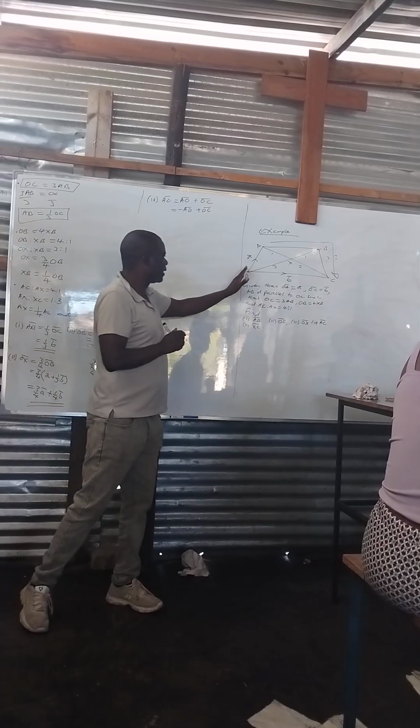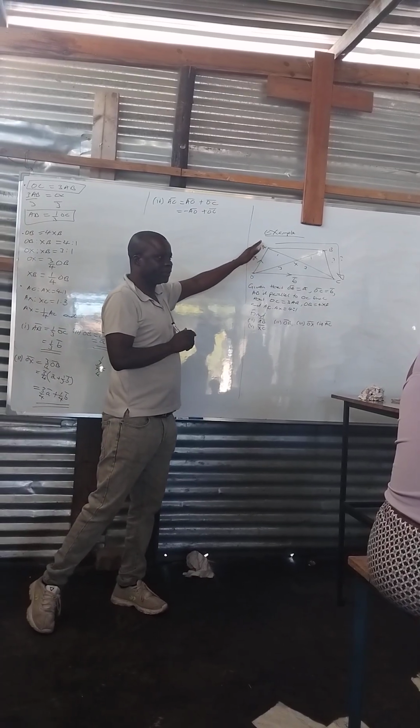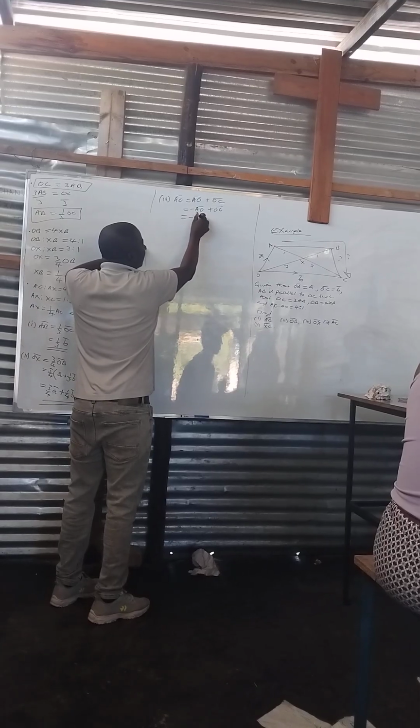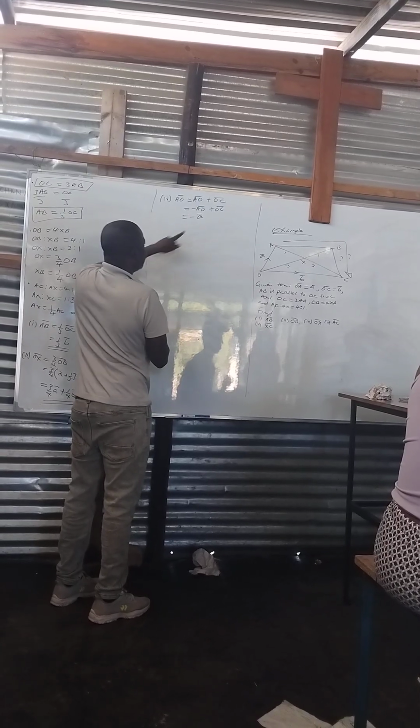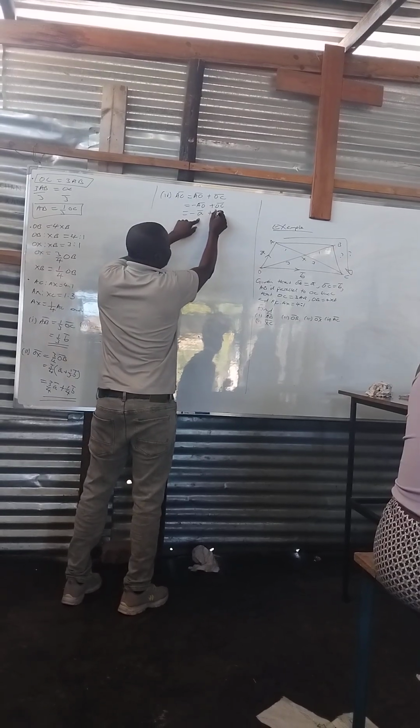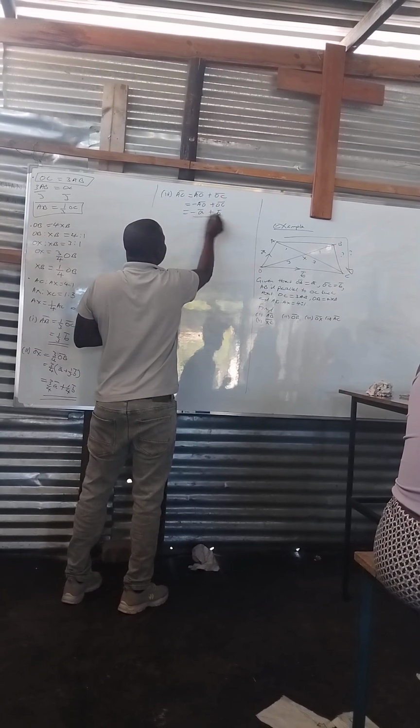Then what is AO? Negative A, then plus OC, which is B. That is our AC.